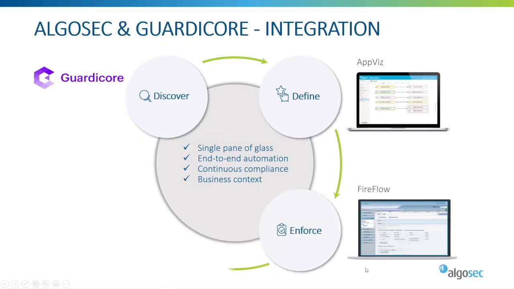As Avishai mentioned in the previous session, in Guardicore you will find very granular connectivity, mostly between IP addresses. Once we import this information into AppViz, we create wider flows, usually from subnets or groups and not necessarily from specific IP addresses. We build the flows that will eventually be ready to be pushed into the security systems.